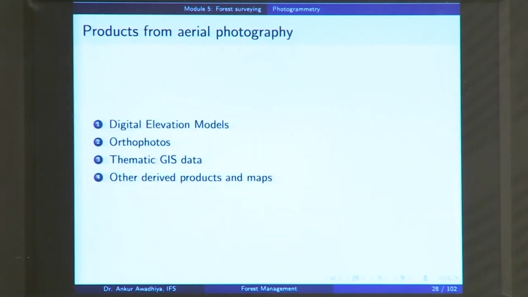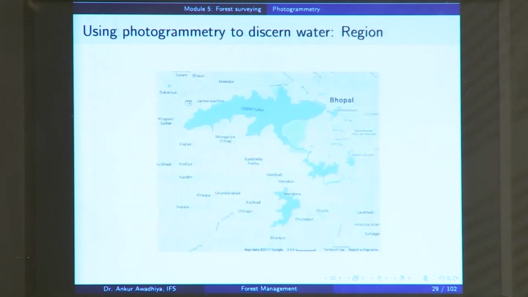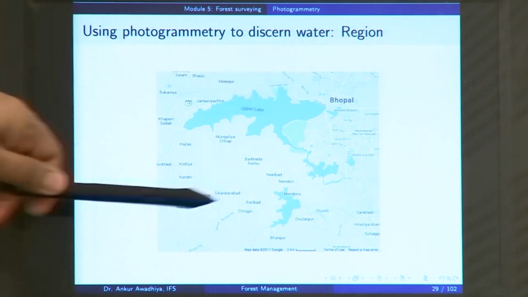So, this was the digital elevation model. Now, you can also make use of aerial photography to make ortho photos, to get thematic GIS data or other derived products and maps. So, for instance, this is another study that we did in Madhya Pradesh. So, we have this upper lake in Bhopal, and this is how it looks on the Google map.